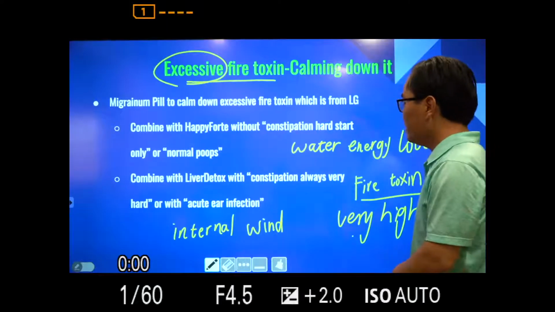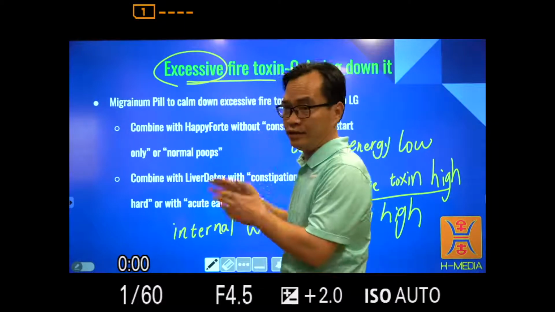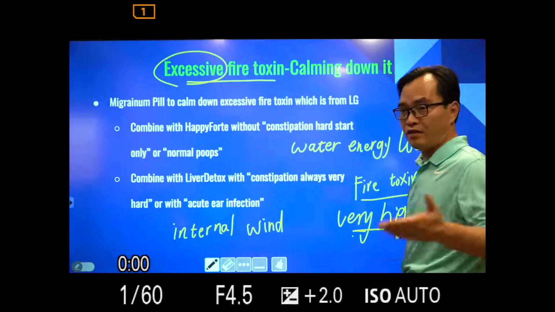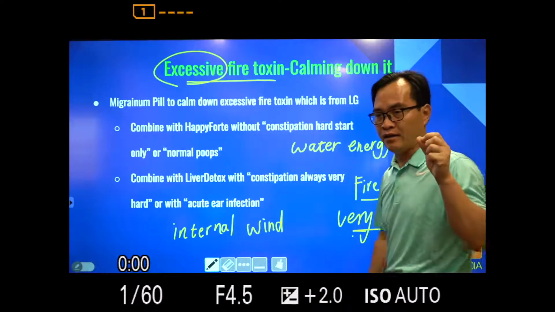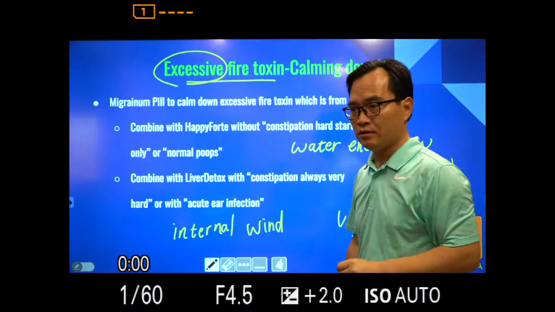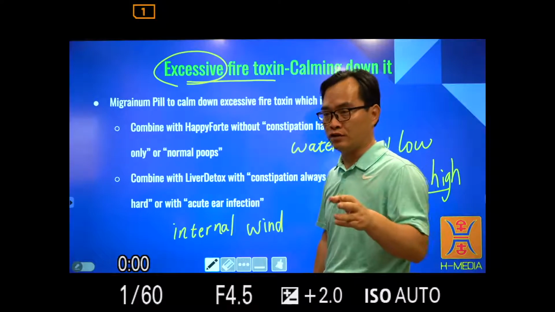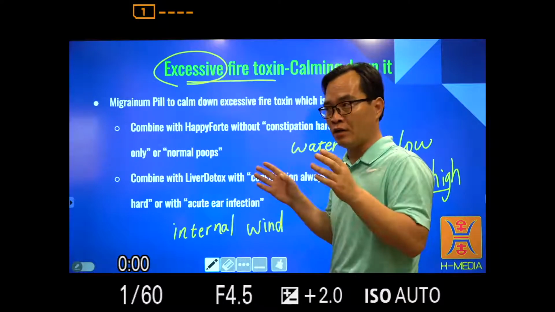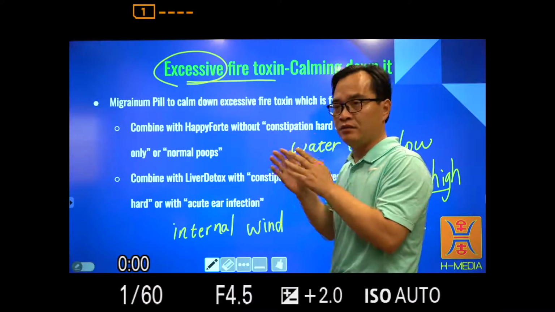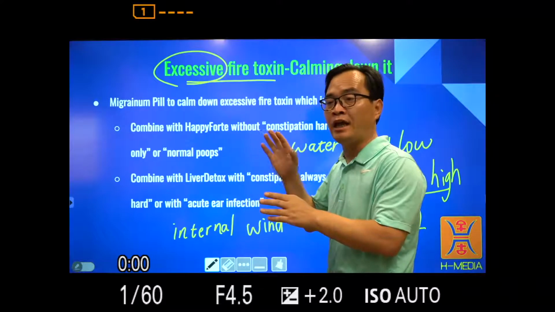So in the degree of excessive fire toxin, when your fire toxin is very high, possibly your body will generate internal wind. If your body has too much hot toxin in some organs, but other organs' temperature is not that high, there will be a temperature difference, and with temperature differences it can generate wind.